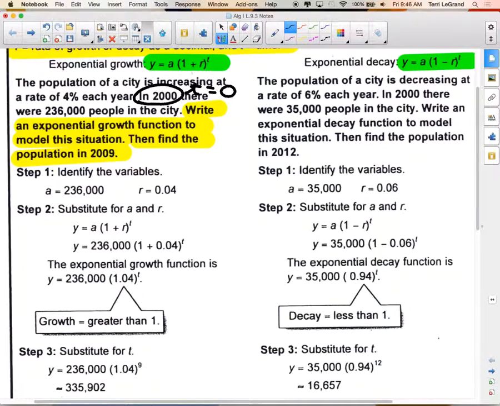That's our starting point. No time has gone by. We're starting in the year 2000. And there are 236,000 people in the city. This would be our A amount right here. This is our A. What does it start at? What is the population in that starting year 2000?